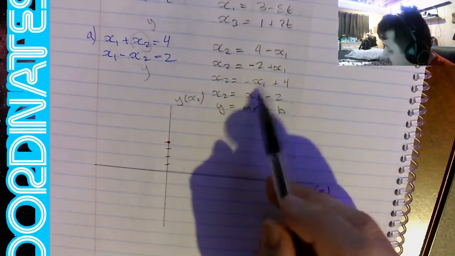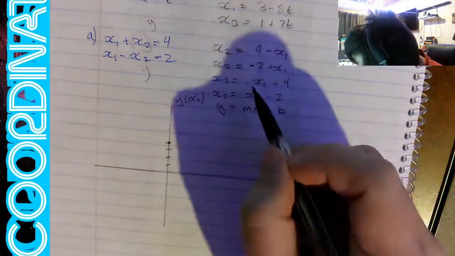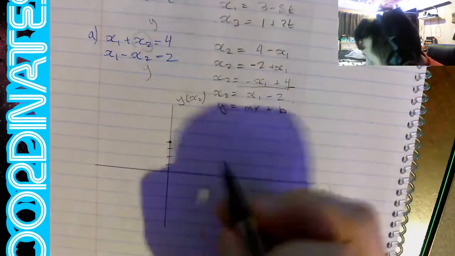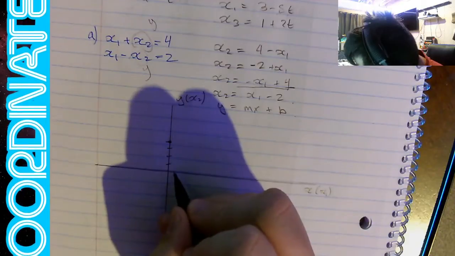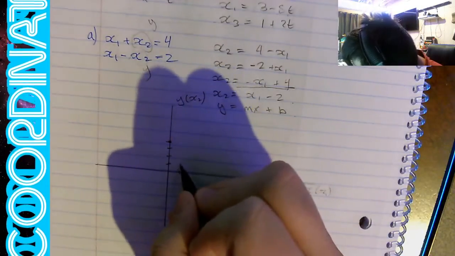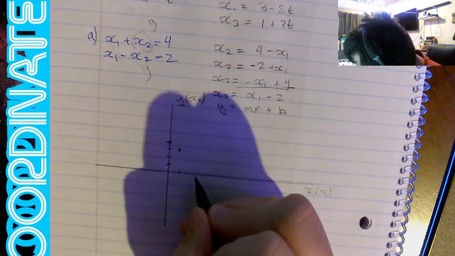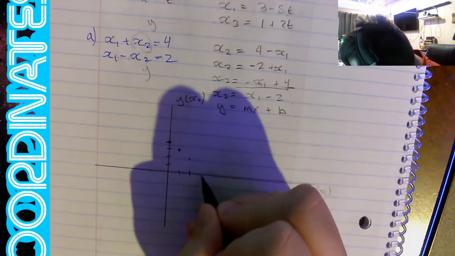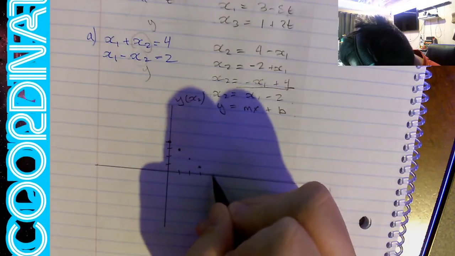There's the point. When x1 is 1 for this equation, we get 3. At 2, we'll get 2. At 3, we'll get 1. And at 4, we'll get 0.